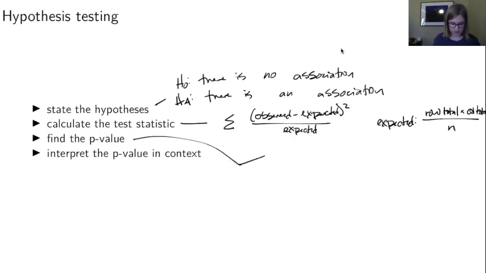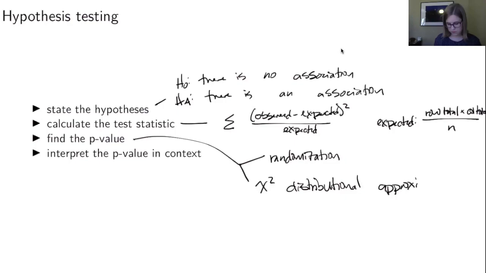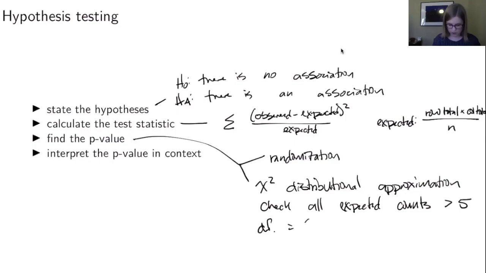Then we can find the p-value one of two ways. One would be using the randomization distribution, and the other one would be a chi-squared distributional approximation. For that chi-squared distribution, you need to check all expected counts are greater than 5, and the degrees of freedom are equal to the rows minus 1 times the columns minus 1, and you always use the right tail.